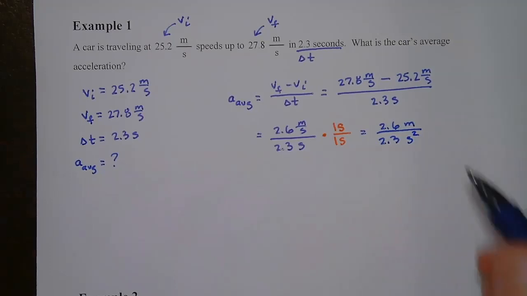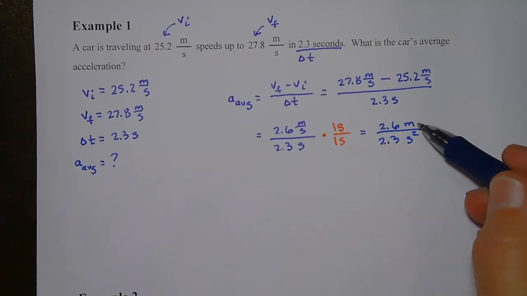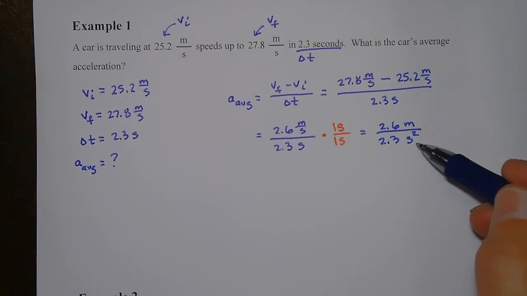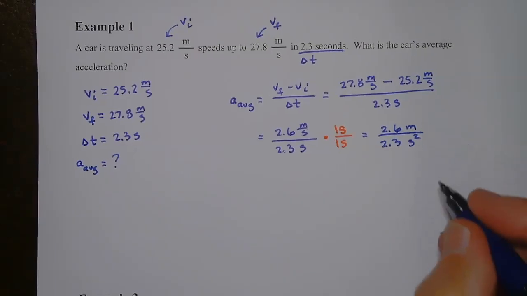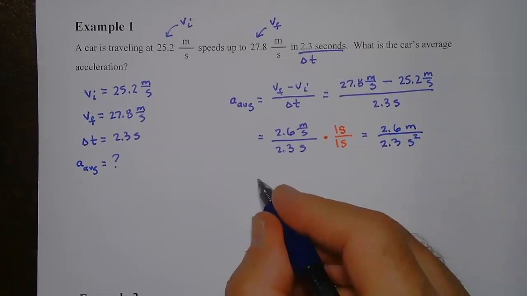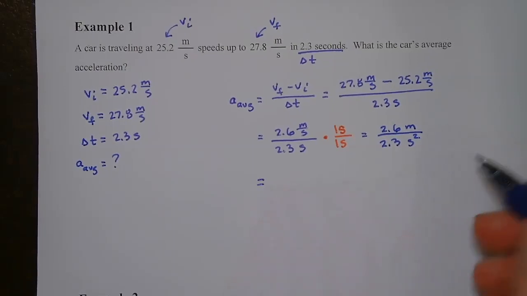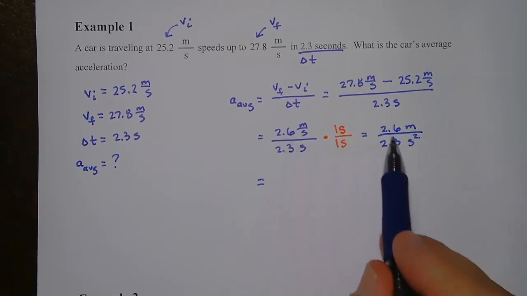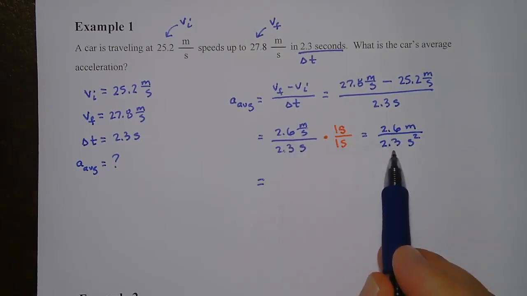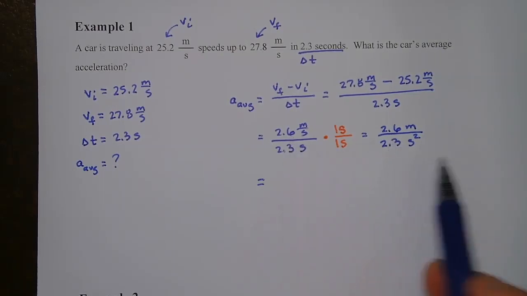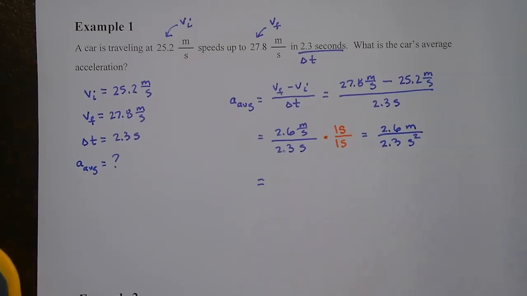What I'm trying to show you here is that the unit for acceleration is meters per second squared. That's our standard unit, meters per second squared. Now this has two significant figures, this has two significant figures, so our answer is going to have two significant figures.